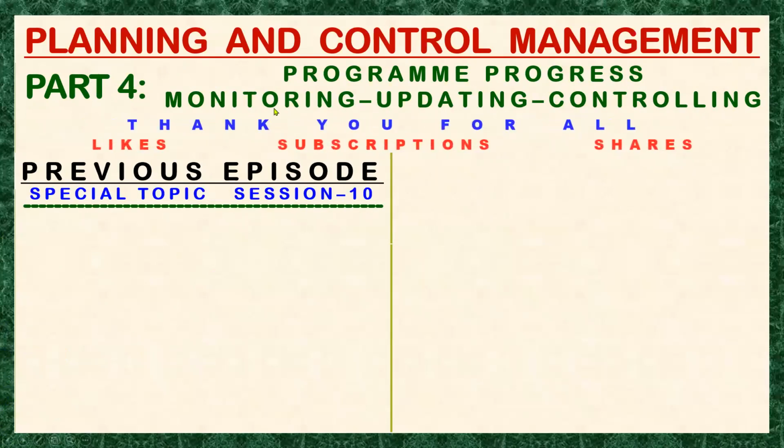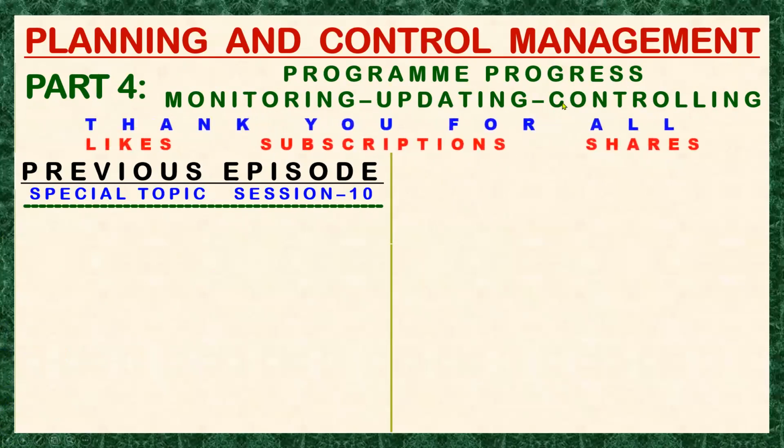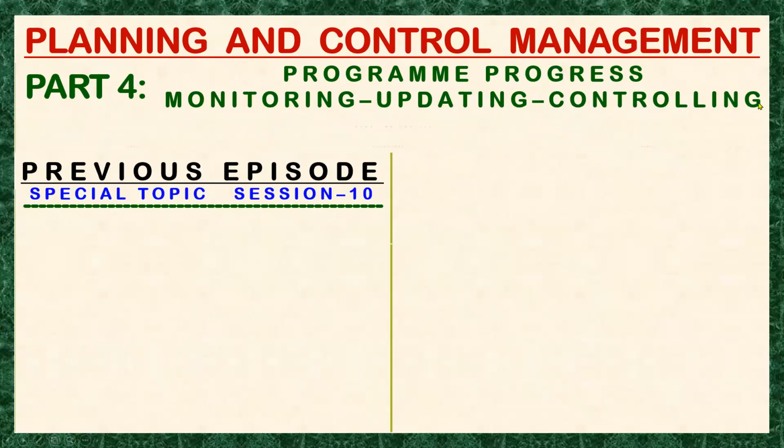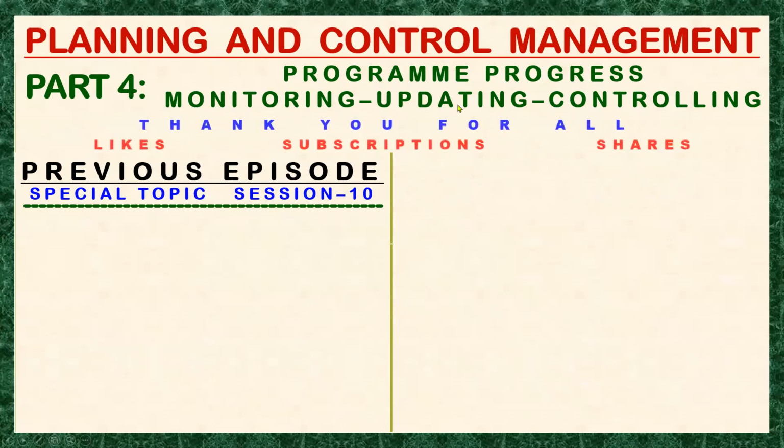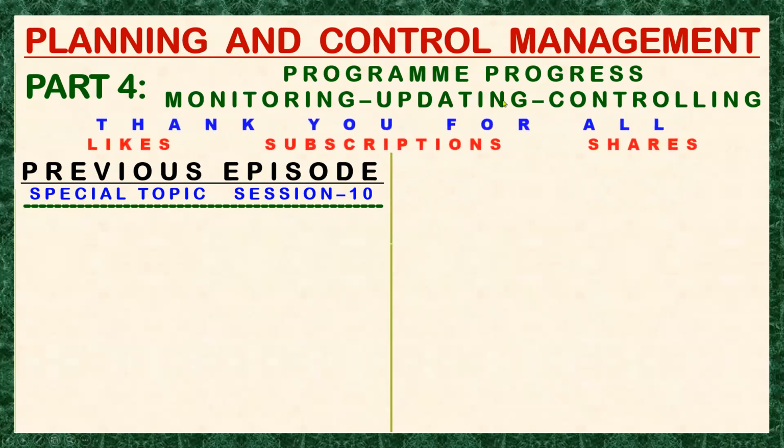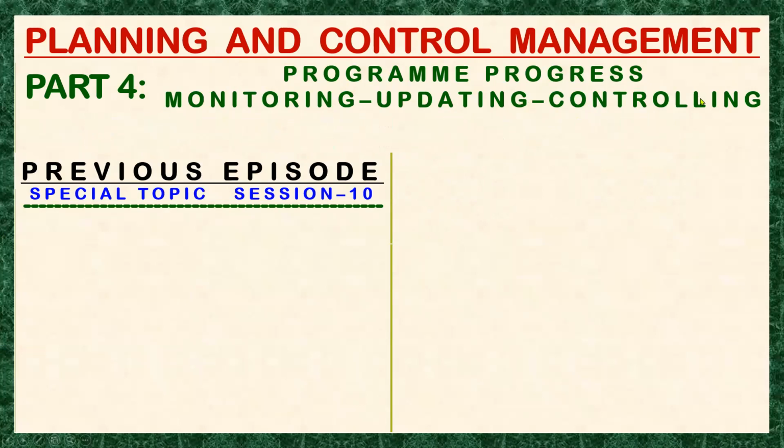Here we have to do the monitoring, updating, and also the controlling until the completion of the project, especially since we will be assuming delays in the process of controlling, so it will take us longer to finish this.